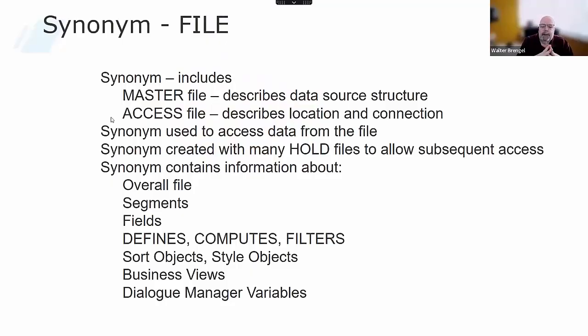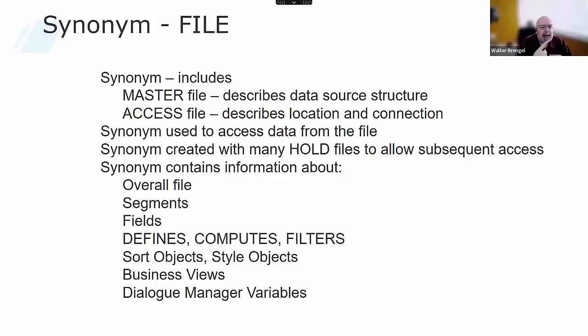So in a synonym, the synonym name identifies the master name, and the access file if you have one. If you're doing relational data set reporting, your relational table will have an access file showing the connection that you're using to get to your data. If you create a hold file, many of your hold file formats will create a synonym. Some of them don't, like Excel, XLSX and PPT.